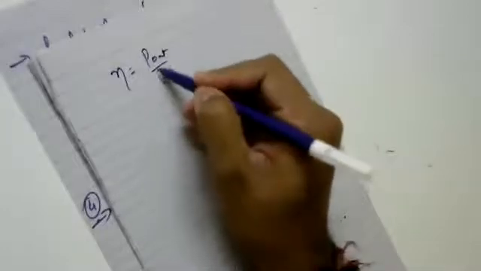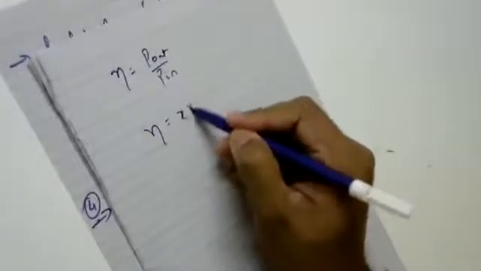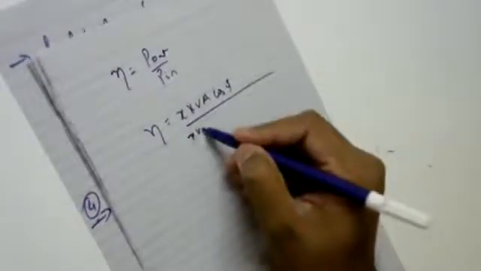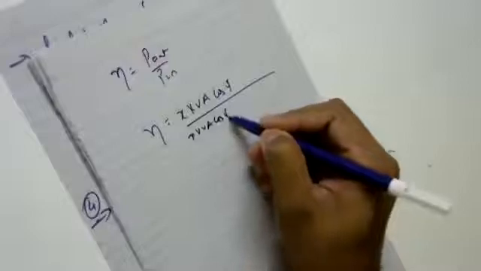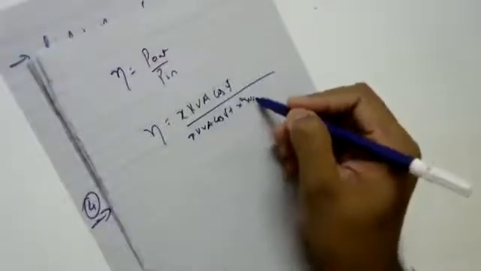So you may be asking, sir, for efficiency, we know that efficiency is given by output power by input power. And one more equation that we have is x kVA cos phi divided by x kVA cos phi plus x square copper loss plus the iron loss.